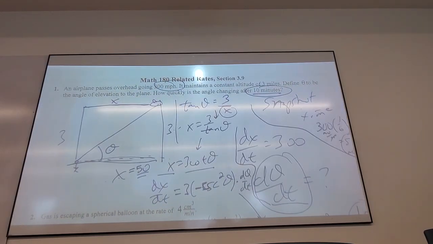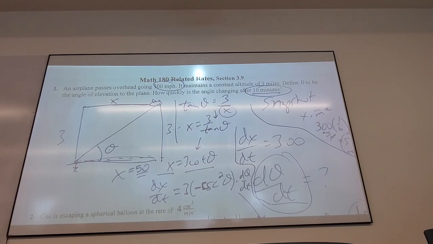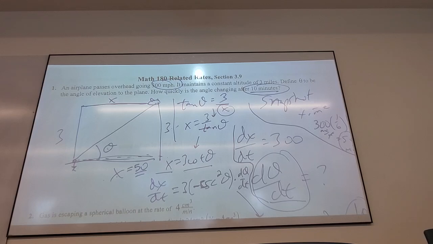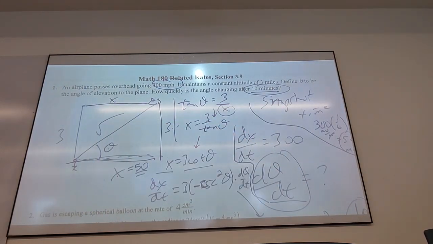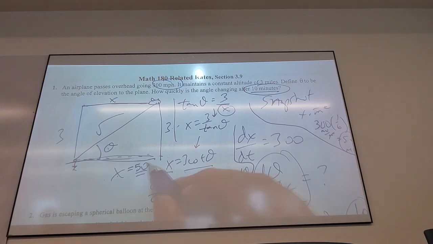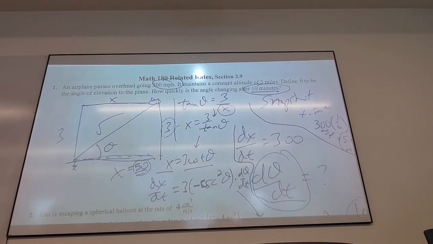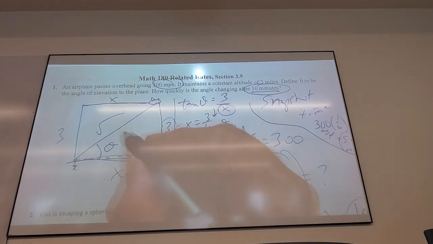What am I missing to figure that out? Do I have a right triangle? Do I know the ratio the cosecant wants from me? So what side am I missing? Hypotenuse. And wouldn't that just be 50 squared plus 9? 2509?